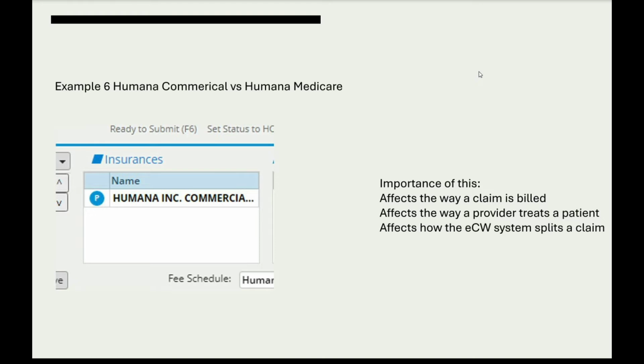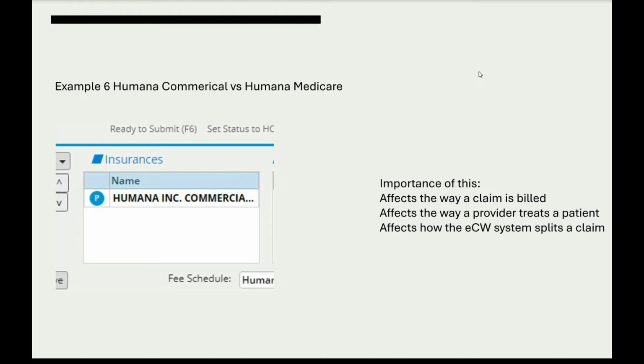It affects the way the provider can treat the patient as well. It also affects the way the claim splits in ECW because Humana Medicare requires for all DME to be placed as Service 12. So when we pick commercial, the claim does not split, and it can potentially cause billing errors.